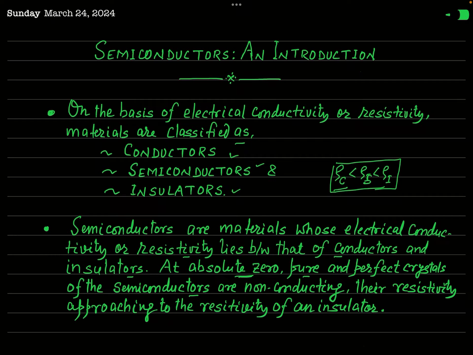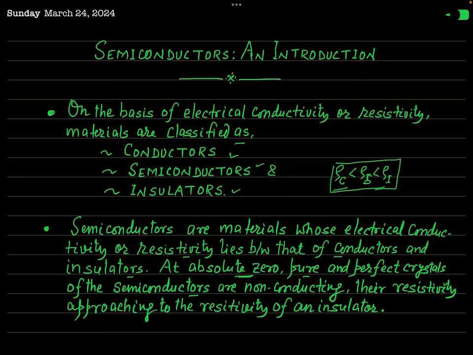So at very low temperature, or at absolute zero temperature, a semiconductor behaves just like an insulator. It does not conduct electricity. Its conductivity is zero and resistivity is infinite. But this is the condition of absolute zero temperature. As the temperature increases, it is seen that the resistivity of the semiconductor decreases and its conductivity increases.